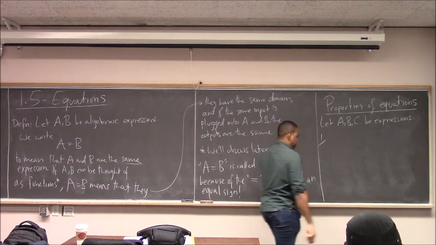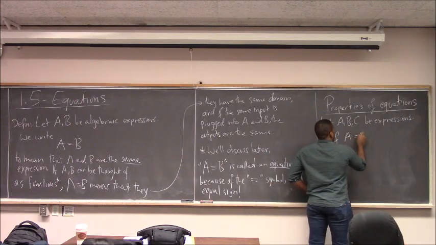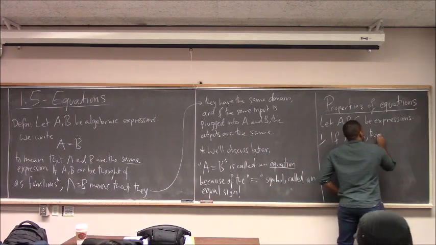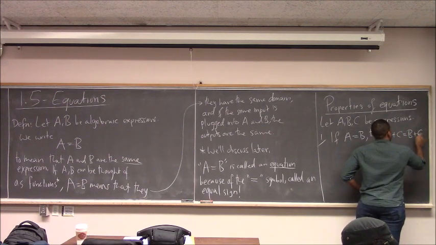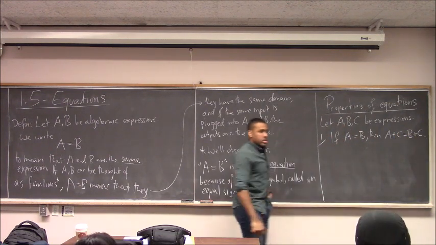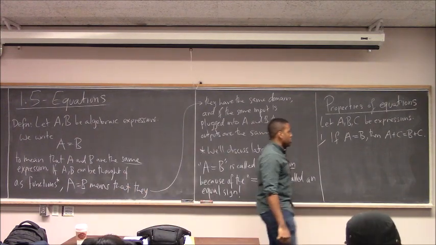Property 1. If A equals B, then A plus C would equal B plus C. In other words, we can add the same thing to both sides of an equation, and the equation will be maintained.